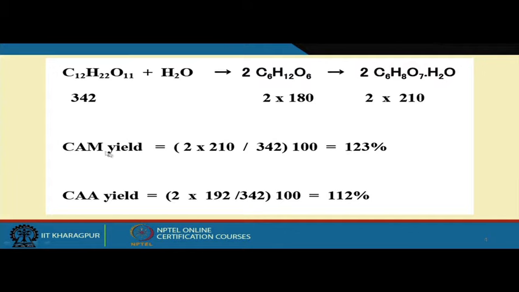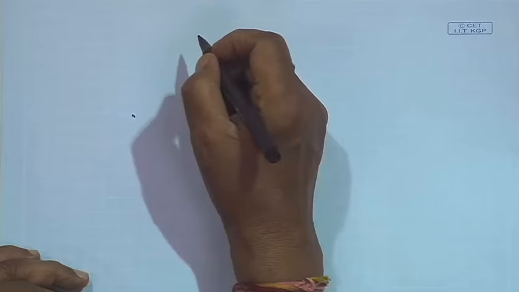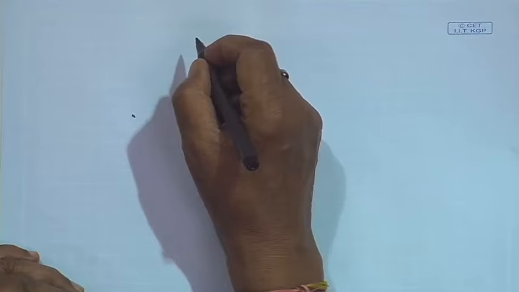Now if you see the yield, the CAM yield, if it is calculated, is about 123%, and for citric acid anhydrous, if you calculate, here I want to draw your attention that the yield may be more than 100% also.